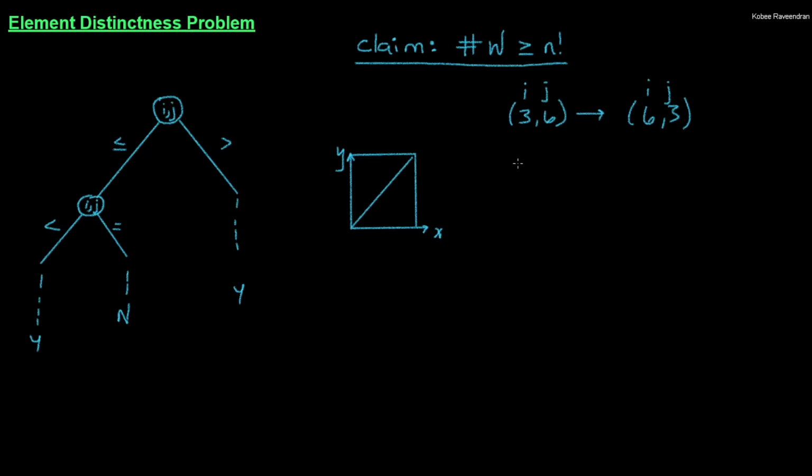Let's assume for a second that these two distinct permutations can actually reach the same connected component. That means we don't actually need a separate component to handle both these cases. So let's call that P. Let's say P is 3, 6, and P prime, which is a unique permutation of P, is 6, 3.